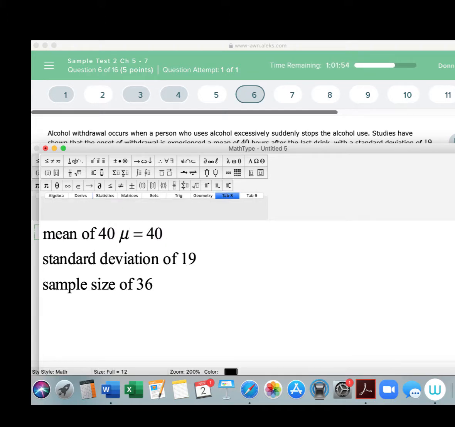We have a standard deviation of 19. Again, this isn't based on a sample, so that would be the population standard deviation denoted by sigma, the lowercase Greek letter sigma. And then the sample size of 36 lets us know that n is equal to 36.